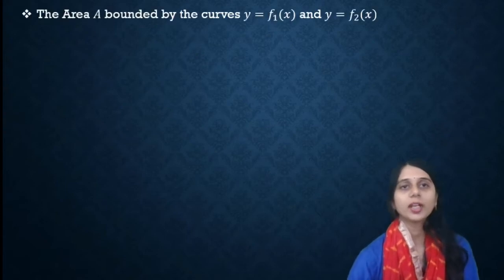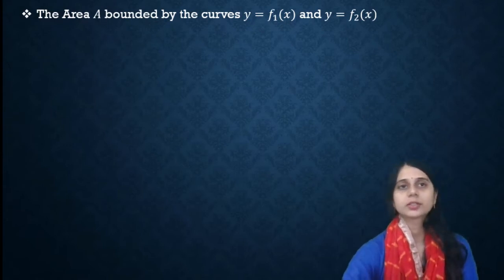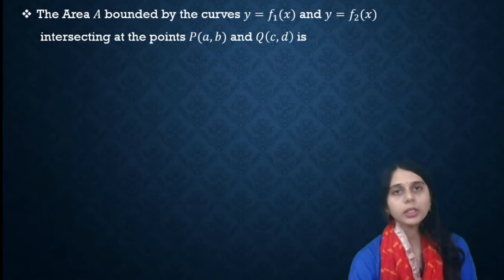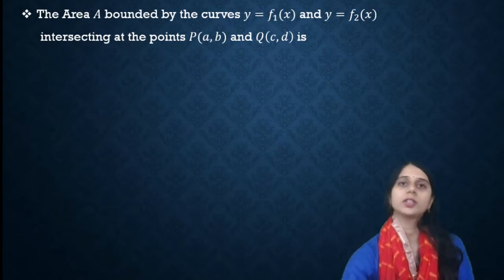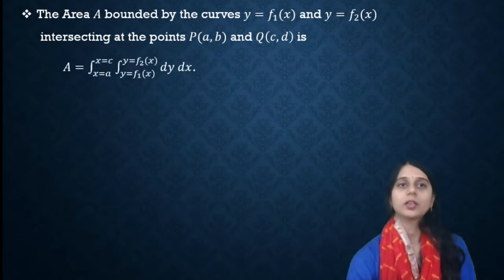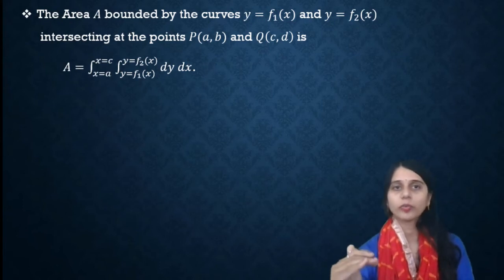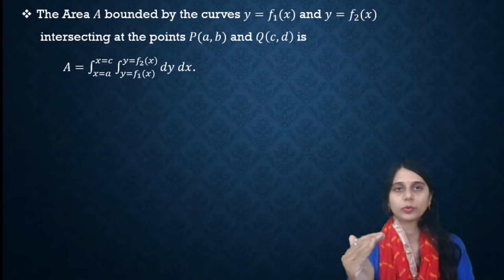Now area in Cartesian coordinates: the area bounded by the curves y = f1(x) and y = f2(x), intersecting at the points P of AB and Q of CD, is A = integral from x = a to c, integral from y = f1(x) to f2(x), dy dx.